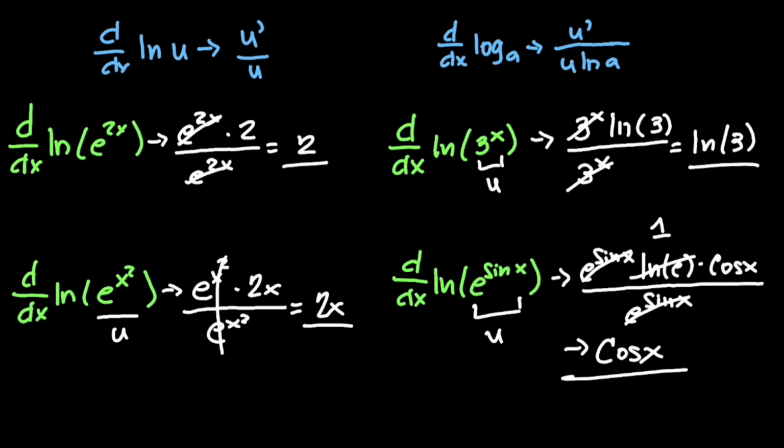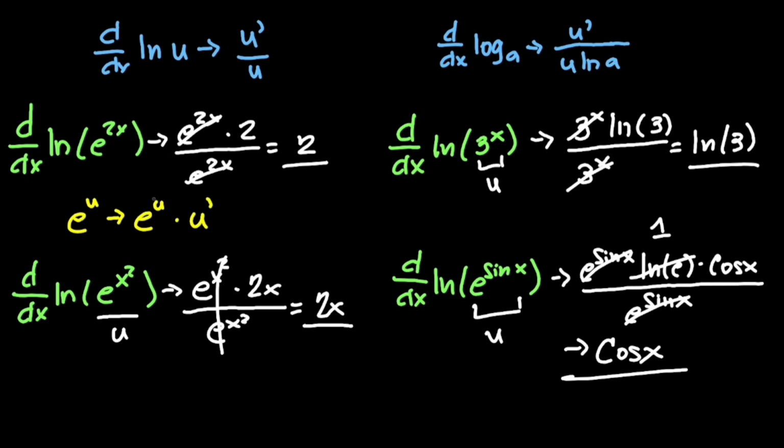Now, in case you did not memorize the exponential formulas, what I use here is e raised to the power of u is e raised to the power of u multiplied by the derivative of u, which is u prime.